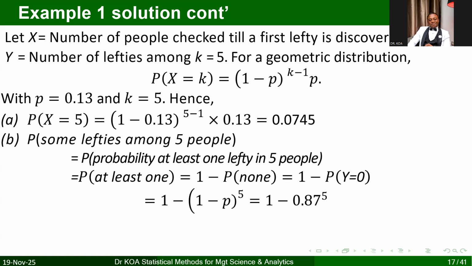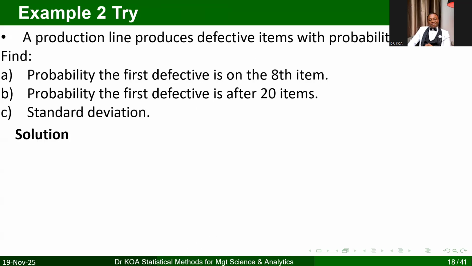All right. The next one is this trial. I can't believe that I'm not letting you do any of them. But anyway, a production line produces defective items with probability of 5%. Find the probability that the first defective is on the 8th item.